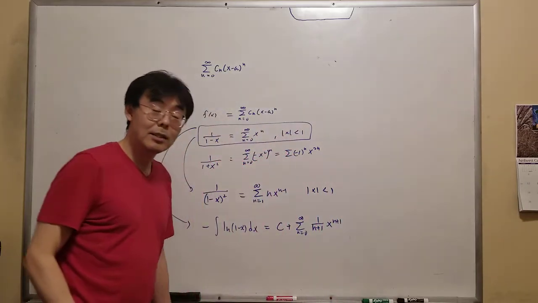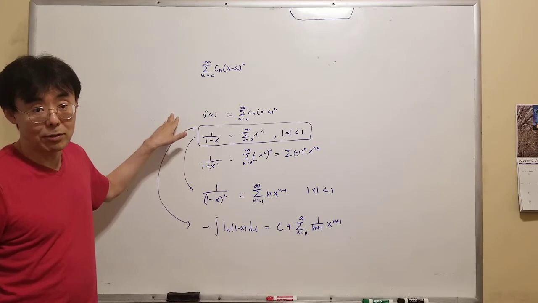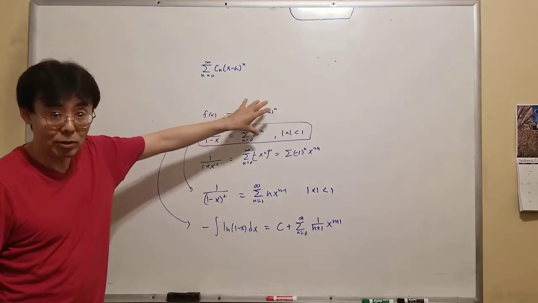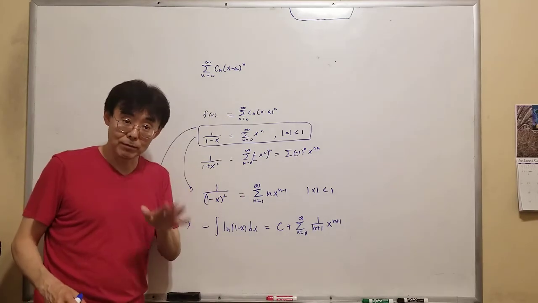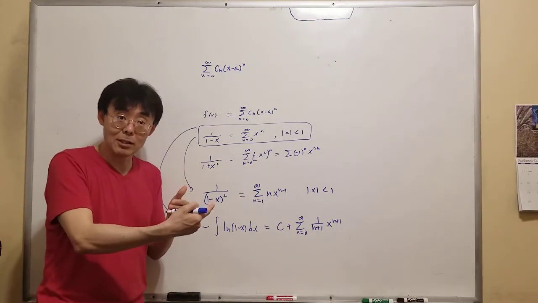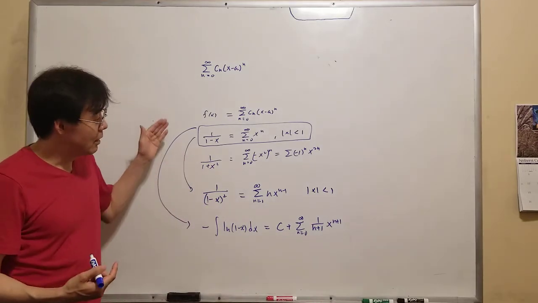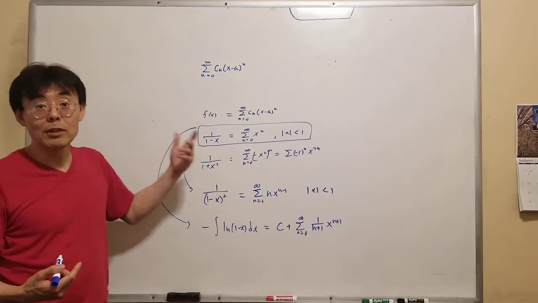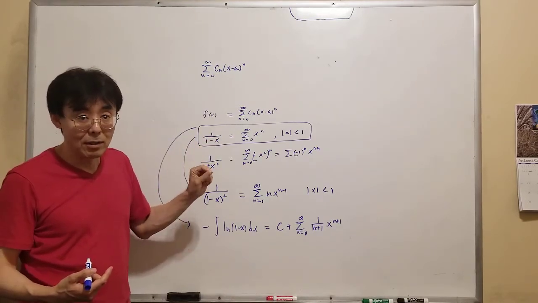So we were able to get a power series whose value is the same as the given function. You are given a function first, and you're looking for a power series representation of it. But the kinds of functions for which we could get a power series representation were very limited.